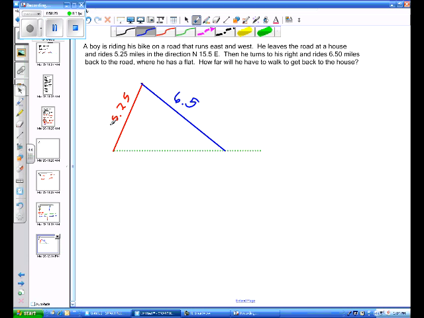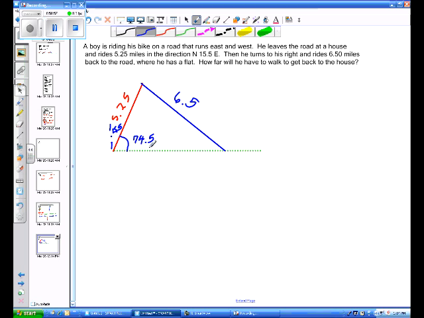Now, we know that this angle was 15.5. But notice that's outside our triangle. But since this was an east-west line, we can do 90 minus 15.5. So this angle is 74.5 degrees. Well, what we have now are two sides and an angle opposite.